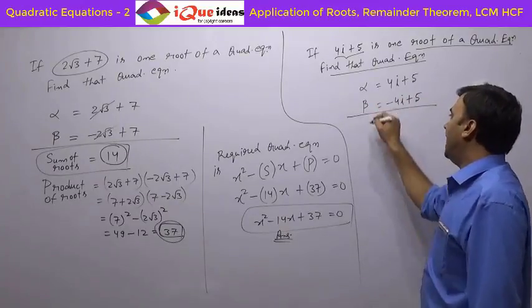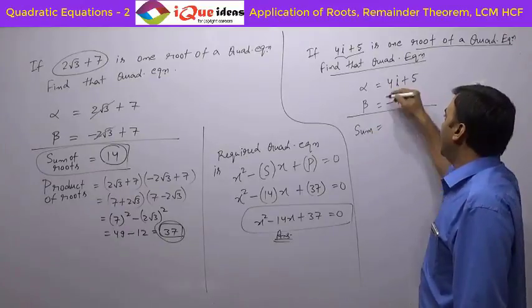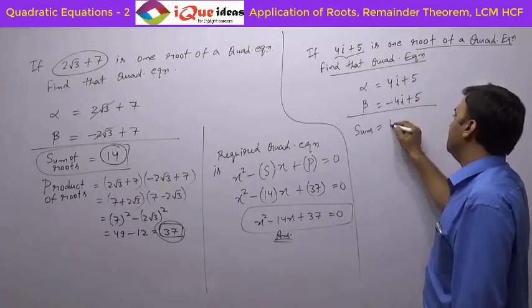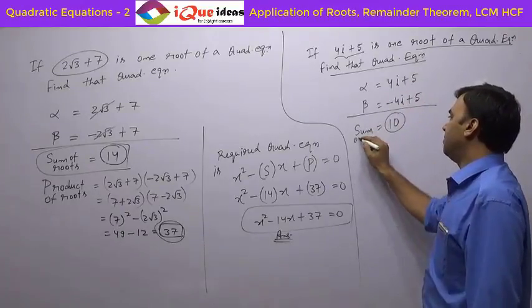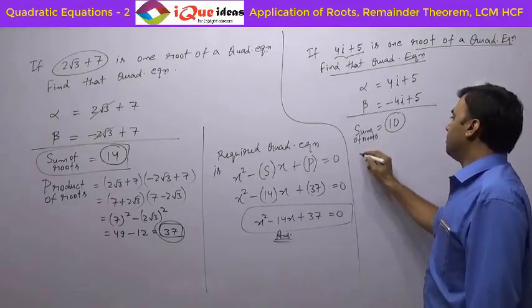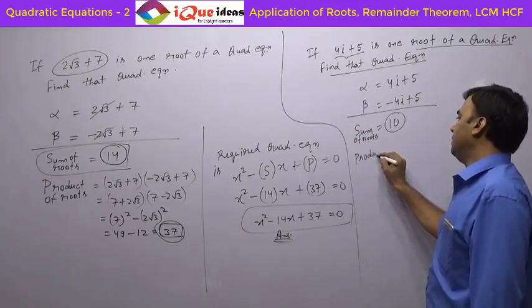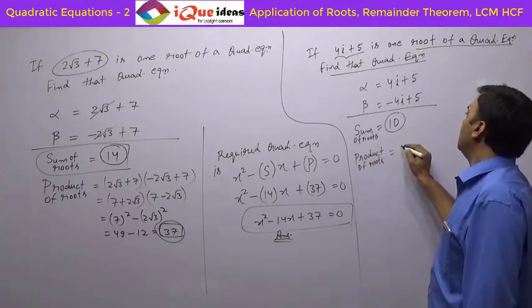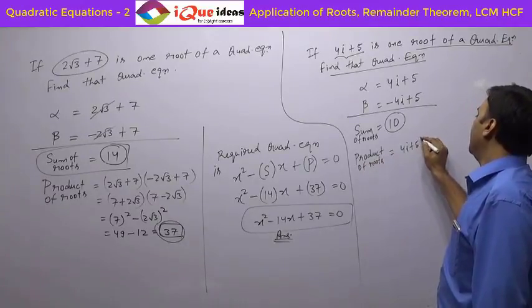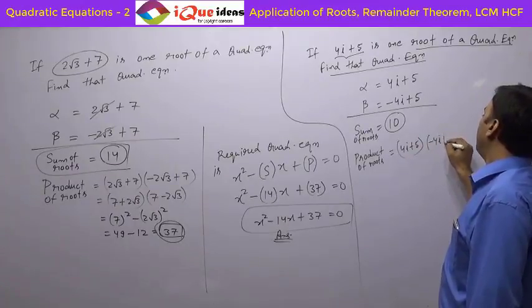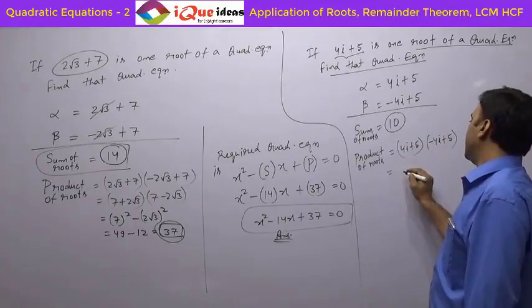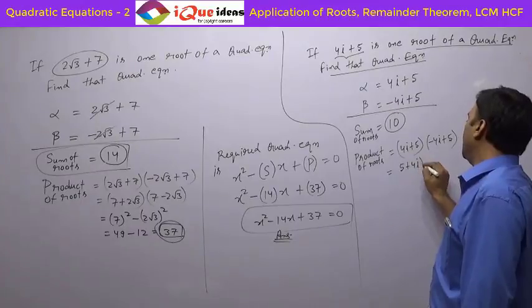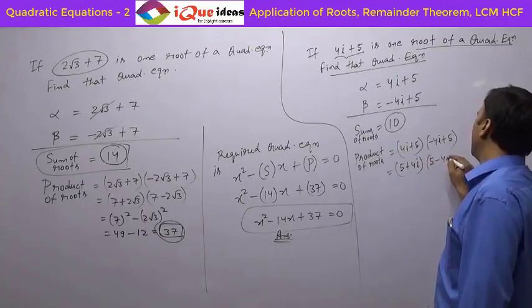So, if you add them, the sum will be: 4i and minus 4i will get cancelled, 5 plus 5 will be 10, right. That is the sum of roots. Similarly, the product of roots, if you see, will be the multiplication of these two items, and that is equal to 4i plus 5 into minus 4i plus 5. Okay, so this gives us 5 plus 4i into 5 minus 4i.